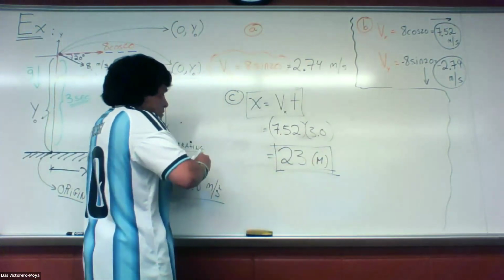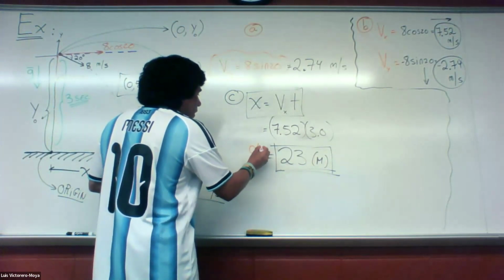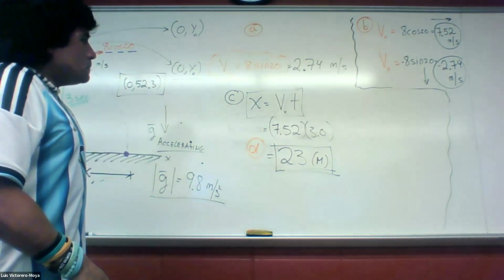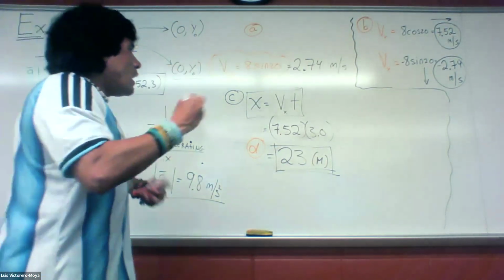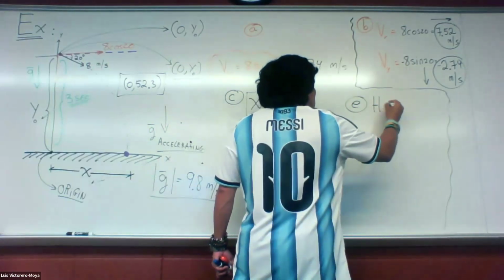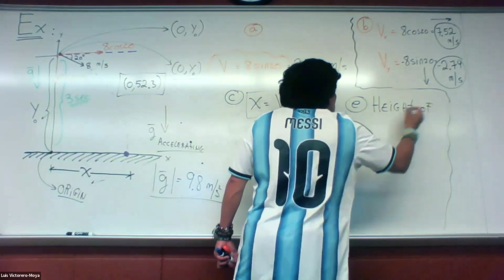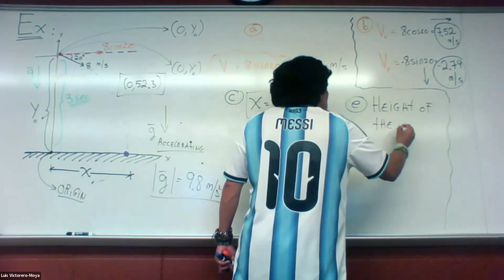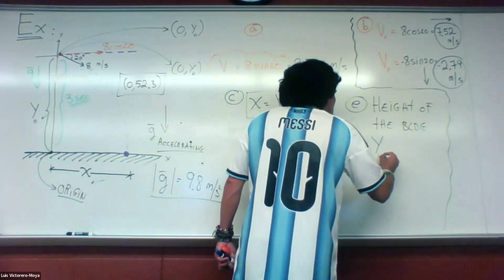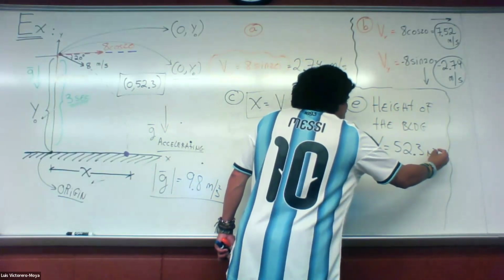That's part D. So C, D. Sometimes, as I said, these problems are kind of redundant in what they ask you. They are taking you step by step. And then part E, what's the height of the building? Well, the height of the building is Y naught, which was 52.3 meters.